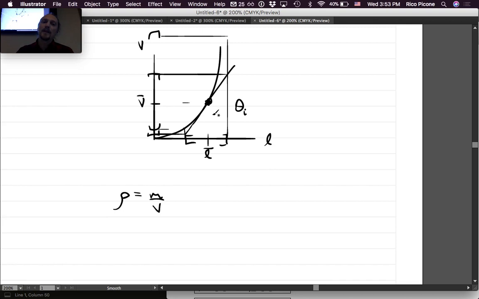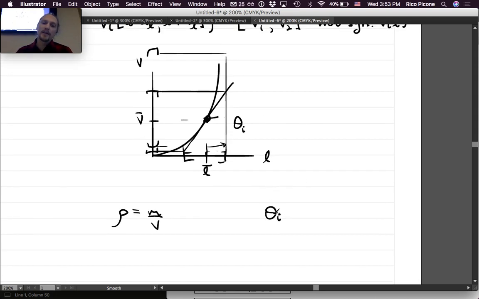If the slope is theta i, and the uncertainty is this deviation from that point, then the uncertainty in your functional dependence contributed by the ith variable is the slope times the uncertainty in your variable. So each one contributes theta i times your uncertainty in i.